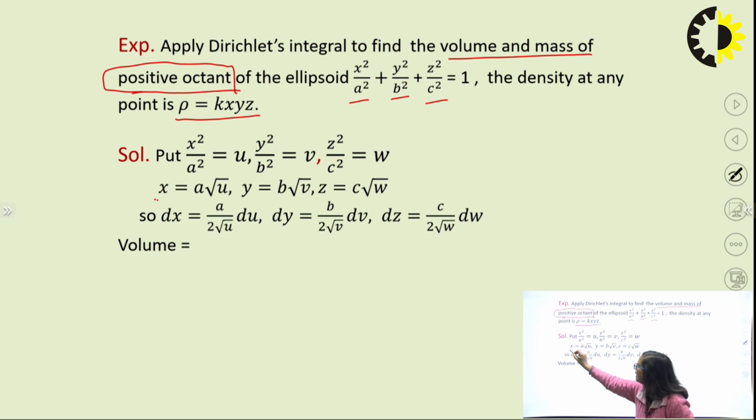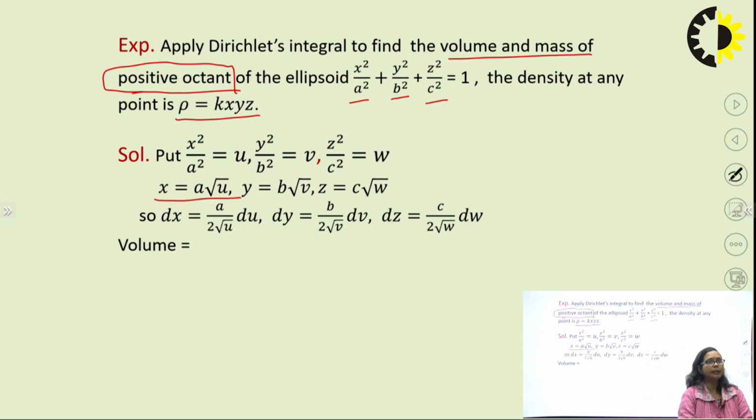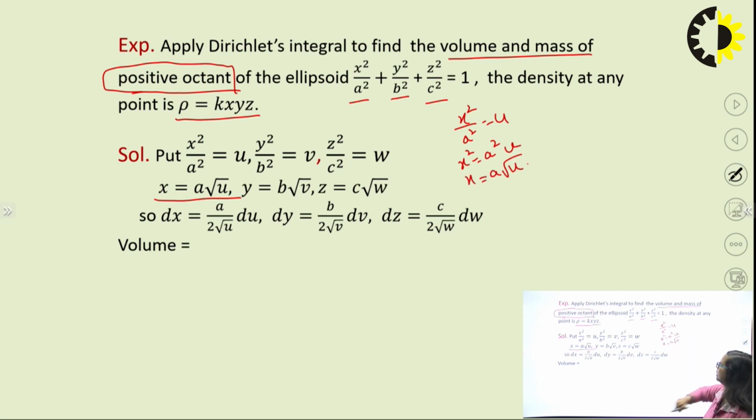If I take x square by a square equal to u, I get x square is equal to a square into u. Taking the square root, x will become a under root u. Similarly y becomes b under root v, and z becomes c under root w. After getting x, y, z, just take their differentials.